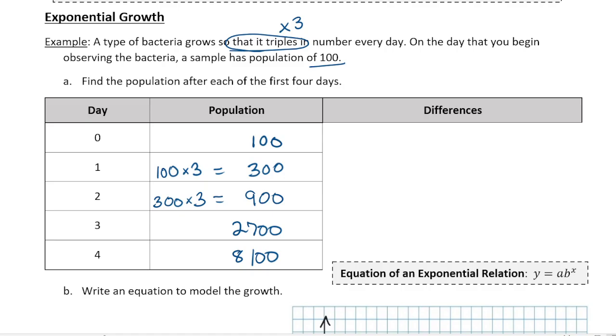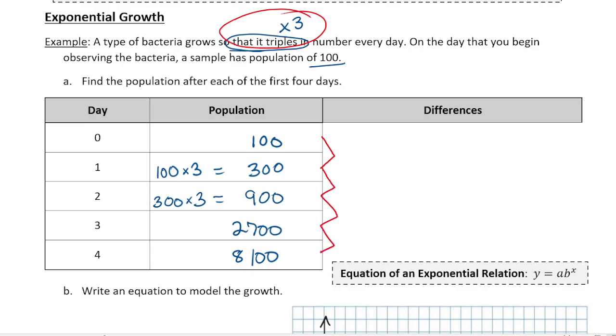So what are some traits to help us determine if this is exponential growth? Well, number one, the fact that it's tripling. So right up here gives us a clue this is exponential growth. Well, what's another one? Let's look at our differences like we've done all year. So we'll look at our first differences.